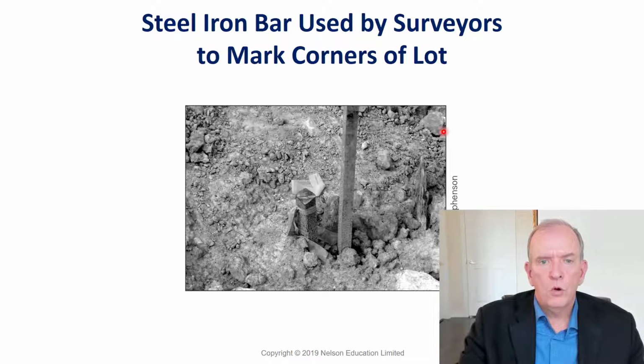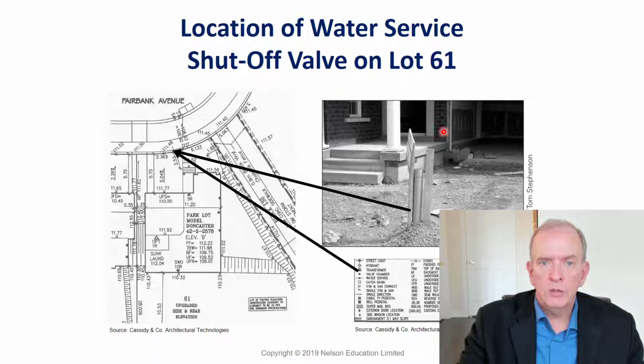At the corner of the property lines, the surveyors that we were talking about put in steel iron bars. Sometimes they're marked on the drawings, SIB, steel iron bars, to mark the corners of the lot. And other things that I mentioned, like services, that would be basically your water service shutoff valve.